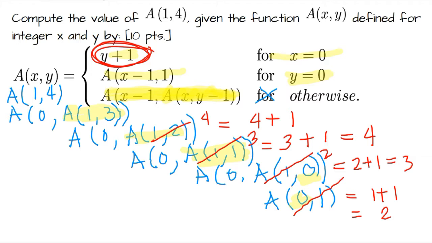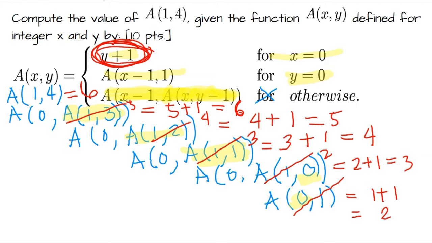Again, we're applying the first case. We have 5. Finally, when we have A(0, 5), we are going to apply 5 plus 1. Again, applying the first case. Therefore, you have 6.